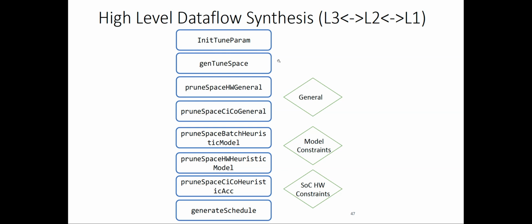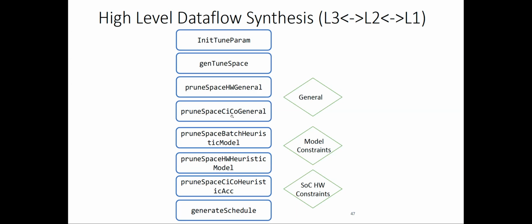And then based on whether this design point fits on chip or fits the hardware constraints, we can prune this design space by considering the hardware constraint first, and then the feature size constraint, and also some other heuristics. And then we can gradually reduce the design space to a reasonable size.